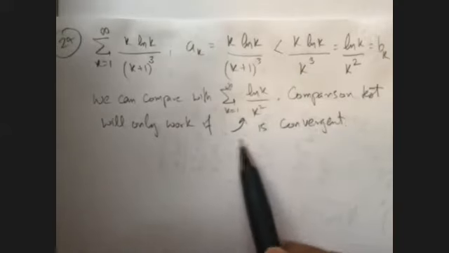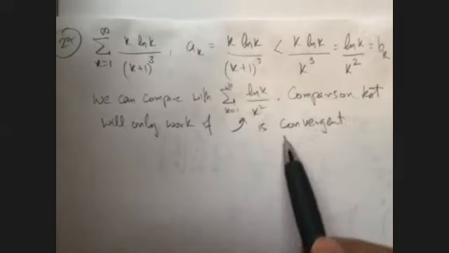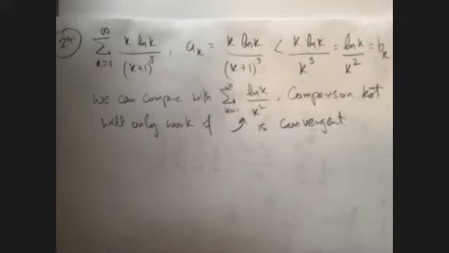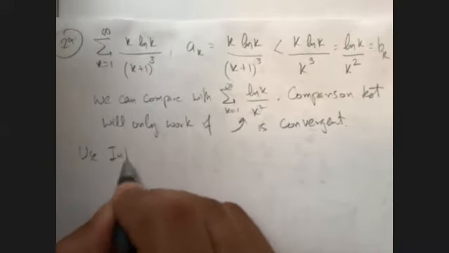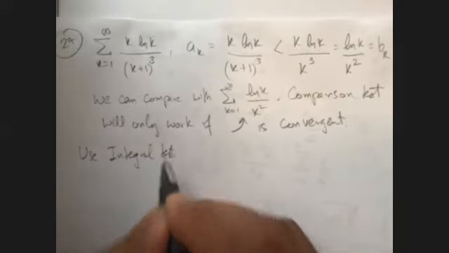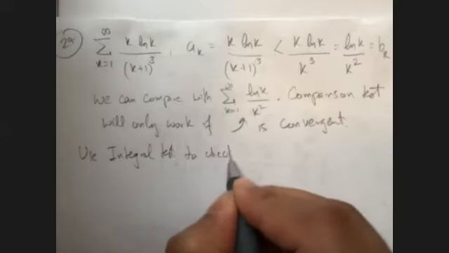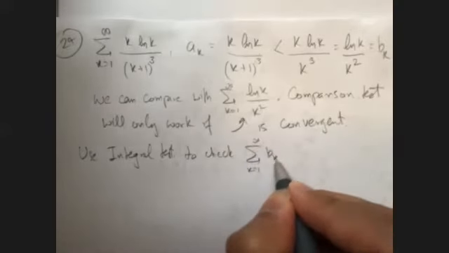So if this BK series is convergent, then by the comparison test, AK will also be convergent. Okay. So then we use the integral test to check for the series BK.